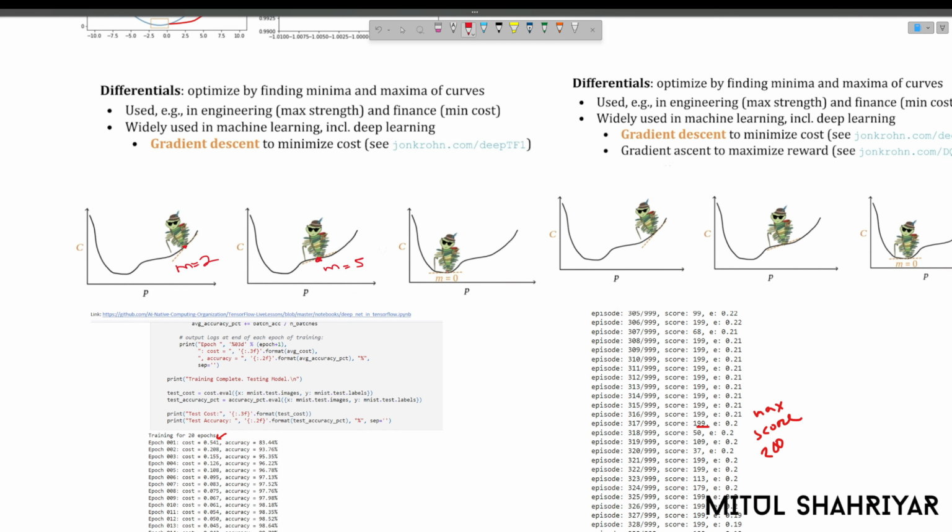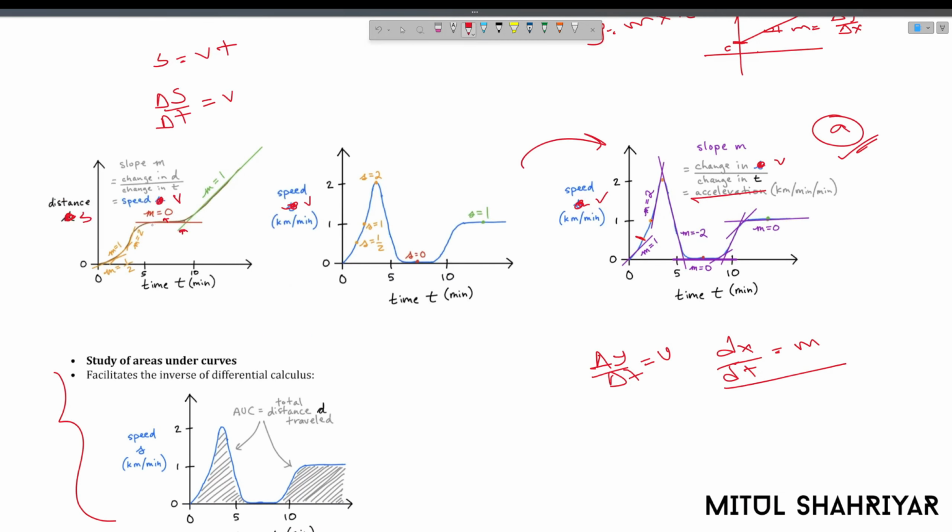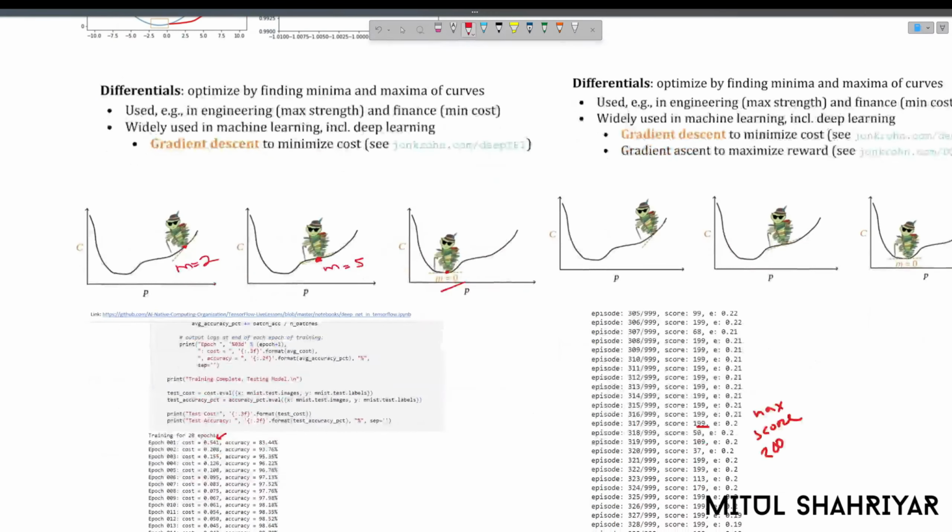Now here at this point, when we get the slope, we will get m equals 0. Earlier you have seen this kind of thing, right? At this point m equals 0. So what's the point of going here?